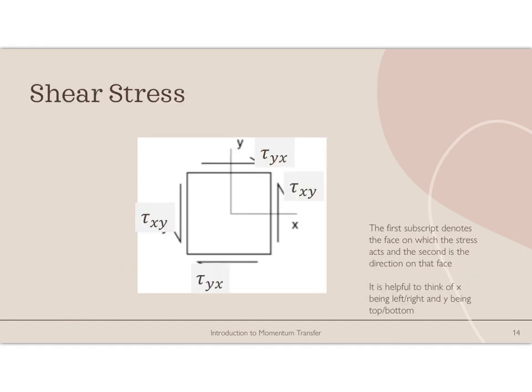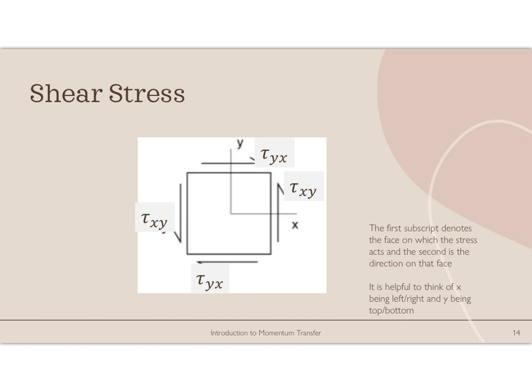For the shear stress, the first subscript again is the face on which the stress acts. The second is the direction on that face. Now, I find it very helpful here to think of the X in this case as being the left-right and Y is top-bottom.